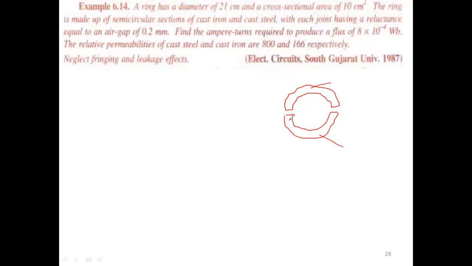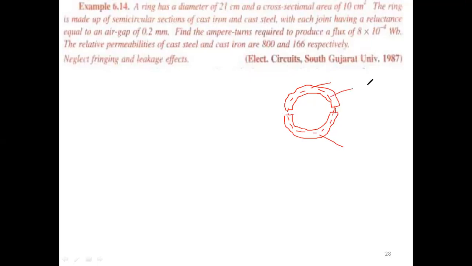But the flux, how will it flow? It will flow in the air gap also. The flux will be the same in the complete circular path. See here, 1, 2 and 3 materials are there. Two air gaps are there here. So air gap is also one material only. We are using the air gap, the flux will flow there.